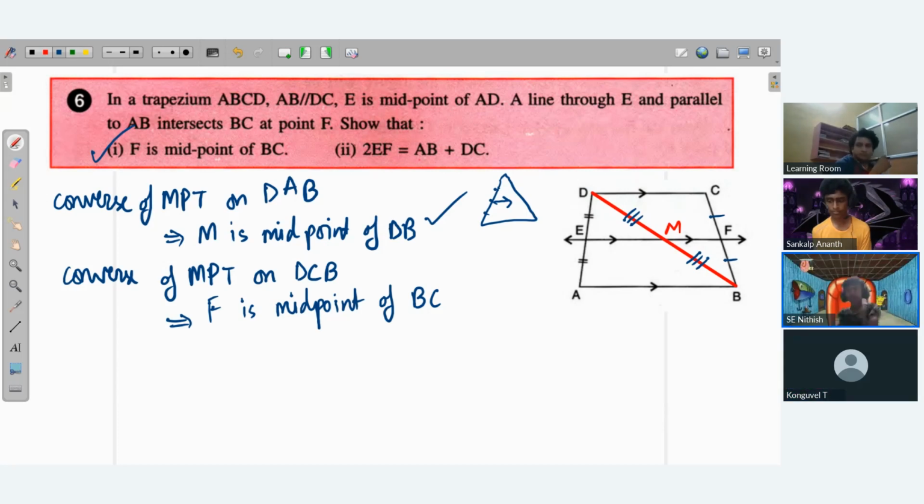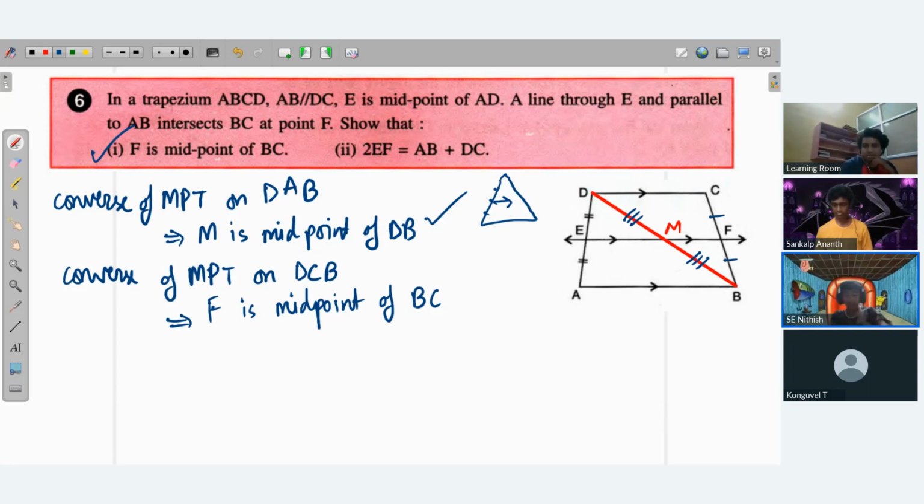So I found out, sir. Tell me. We know that EM is half of AB, and FM is half of CD.